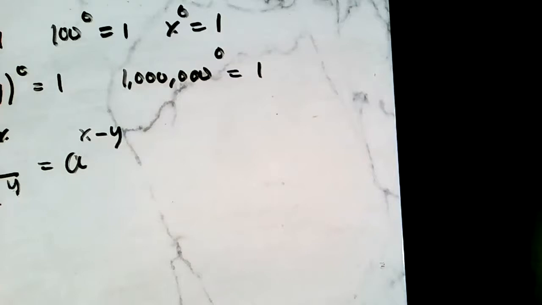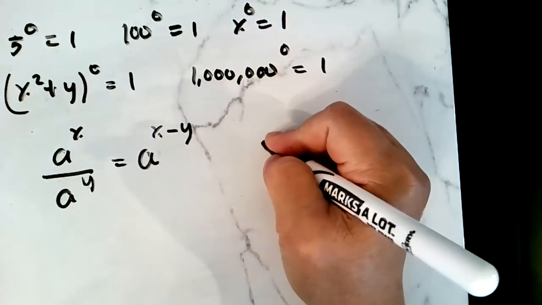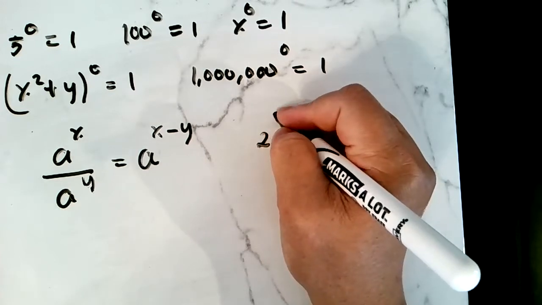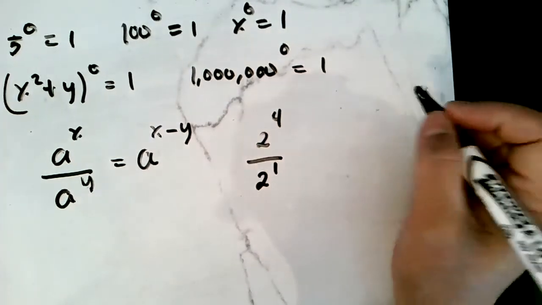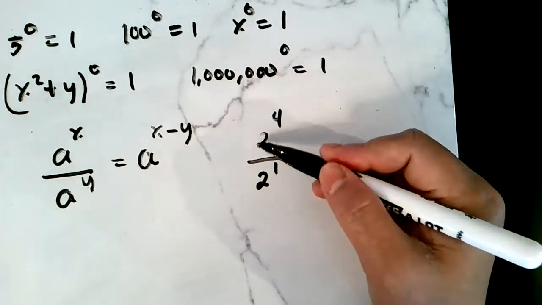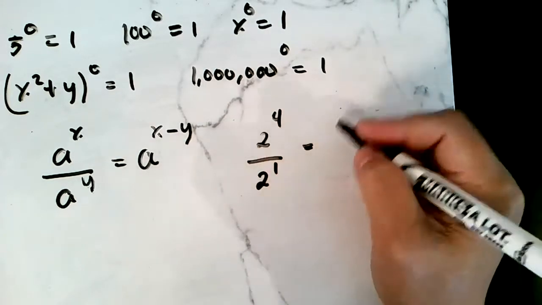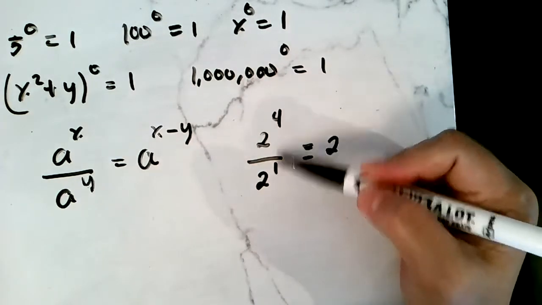Now let's have a concrete example using numbers. What if we have 2 to the 4th divided by 2 to the 1st? Do we see the same base? Yes, we have 2 and 2 here. So you do not divide this; instead you just copy the base, which is 2, and then look at the exponents.